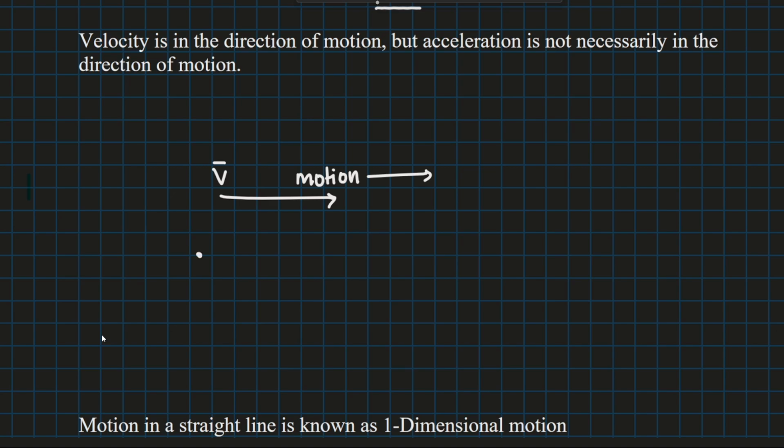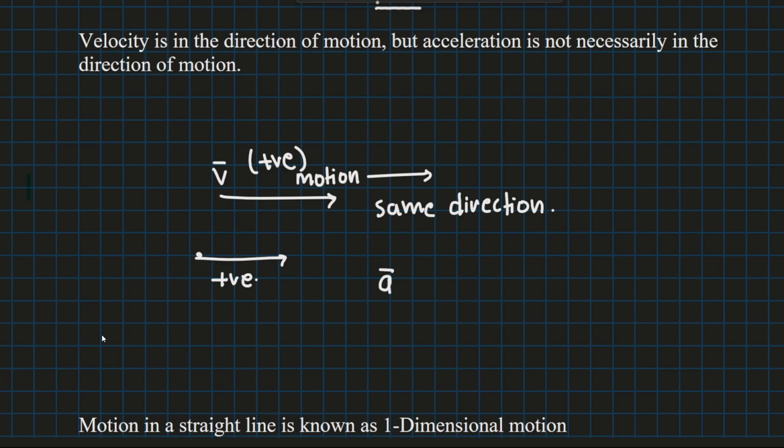If we consider towards the right as positive, then the velocity will be positive. Similarly, velocity and motion will always be in the same direction, whereas acceleration will not always be in the same direction.